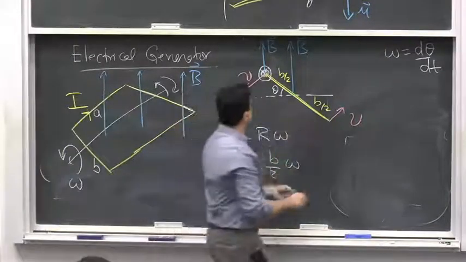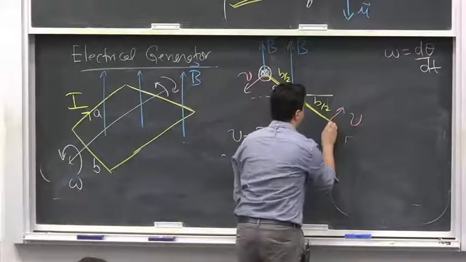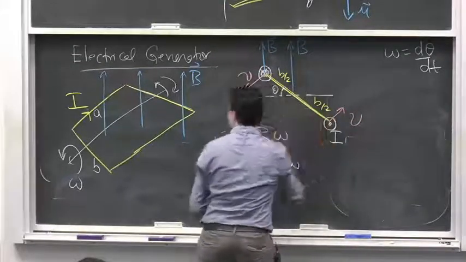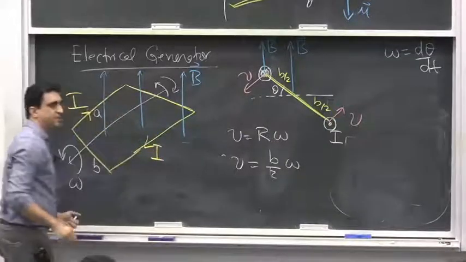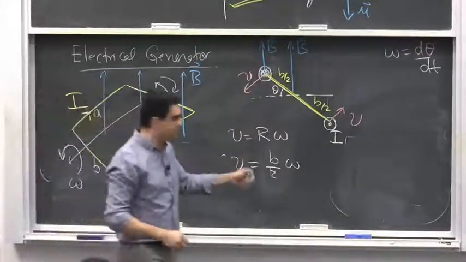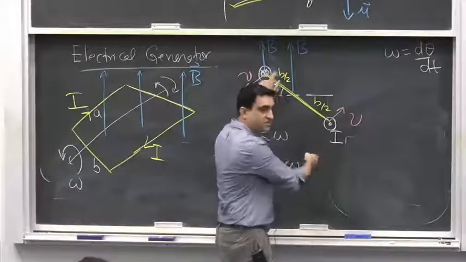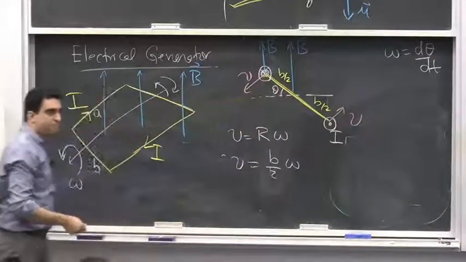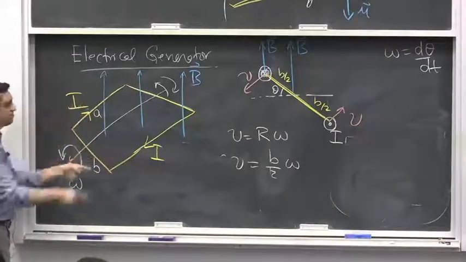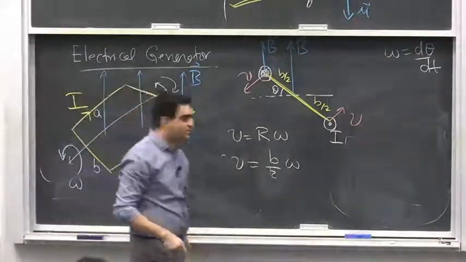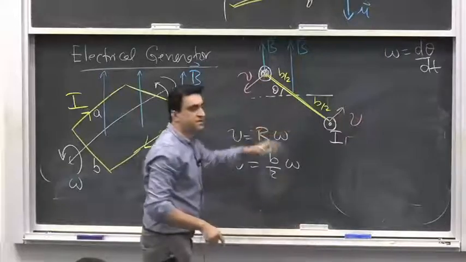Similarly for this, you would have a current which is coming out of the board, in this direction. And how is this current generated? This current is generated because of the circular motion itself. A current element was moving within the magnetic field, and that created a certain force which created currents.